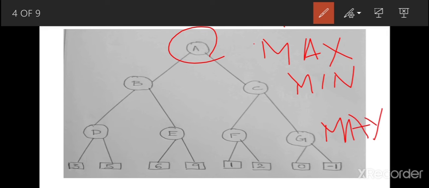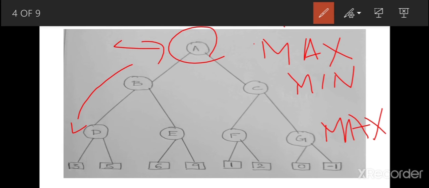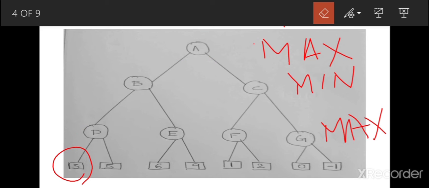We start with the root node, then traverse and reach the terminal node, which is 3. Here that value 3 is passed to the node D.